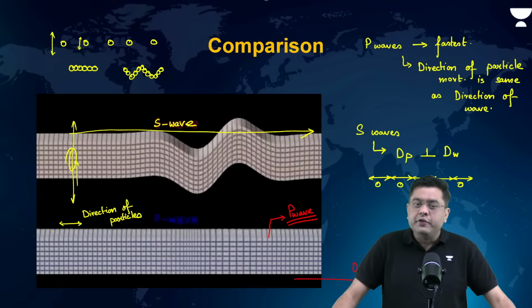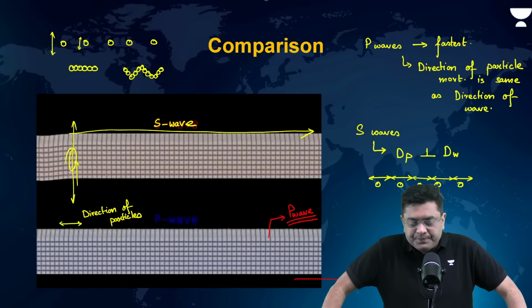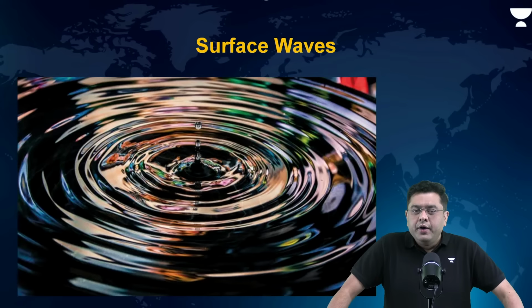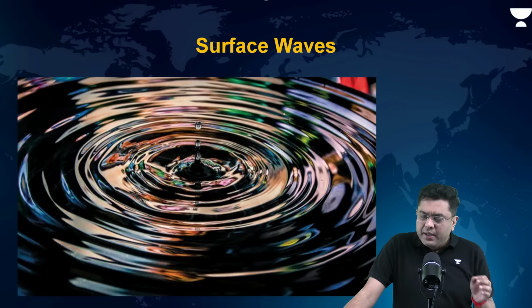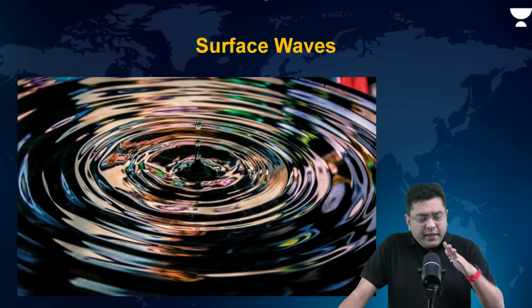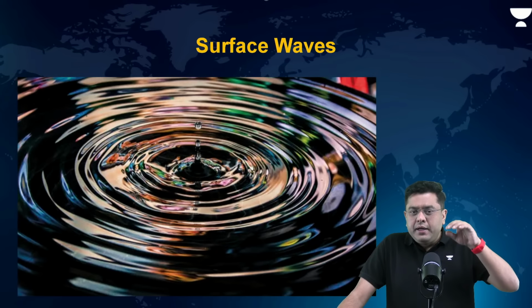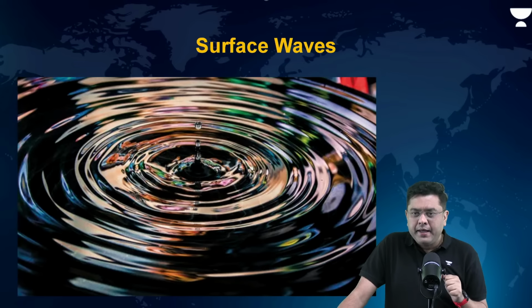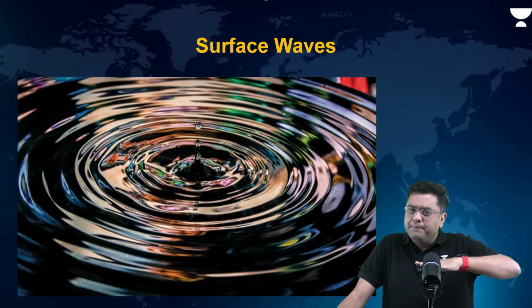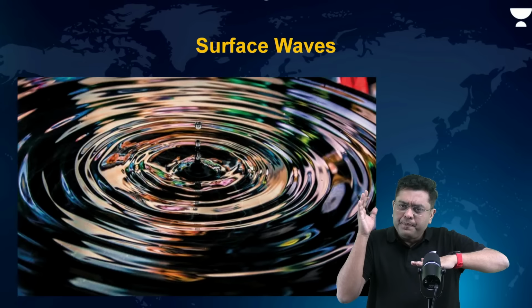I hope this is basically understood. Now, once the surface gets disturbed, just like water, if you would have done this in your childhood days, you throw a stone in water. Now, water is calm. You have thrown a stone.